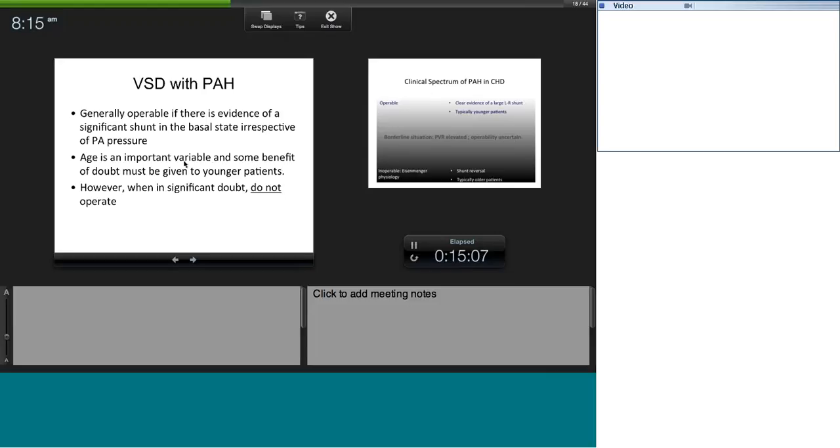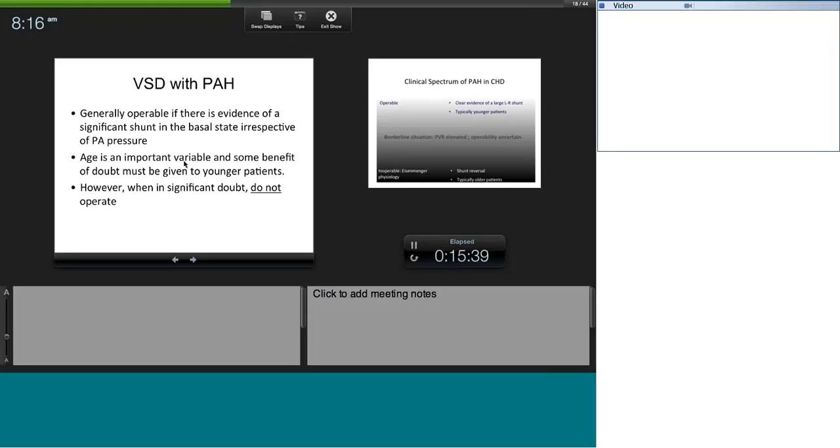The second rule that we follow is age is an important variable, and we give the benefit of the doubt to younger patients. So if there is a borderline situation, left to right shunt is not that obvious, but the patient is young, we tend to veer towards surgery. But at the same time, if there is significant doubt on operability, particularly in a child who is older, more than 2 years of age, I think the better rule is not to operate because you really pay the price 4 to 5 years, 10 years down the road.